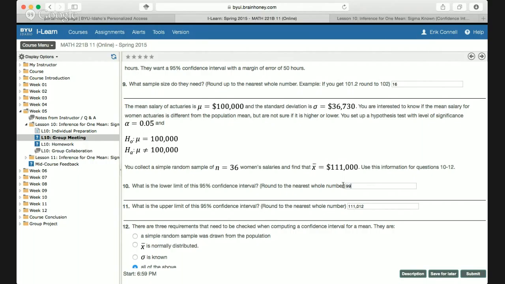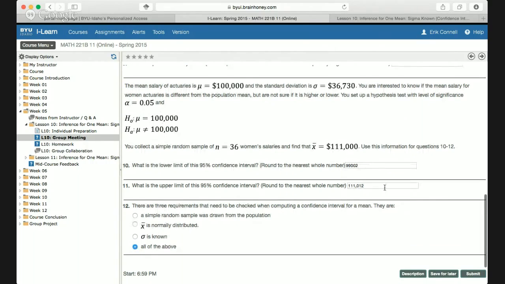So that's the same thing. Plus 1.96 and divided by 36,730 divided by 6. I got 122,998.46. And we round to the nearest whole number, so it's 122,998. 122,999. Okay.